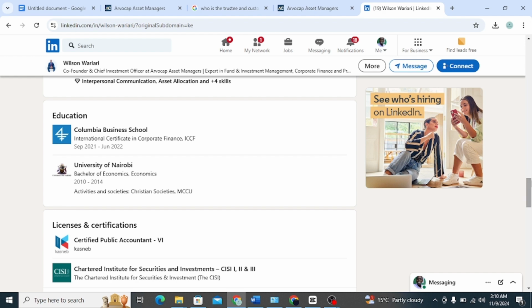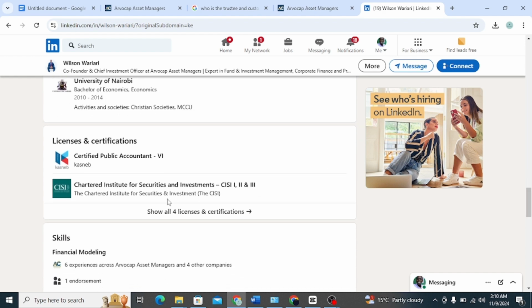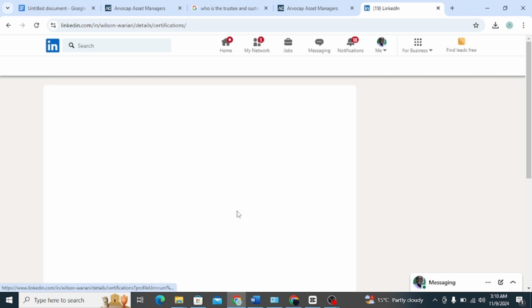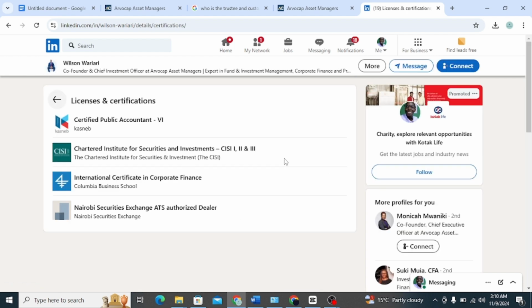You can see they have the Chartered Institute for Securities and Investment, they have CC1, 2, and 3. So this is someone that knows what they're doing. They're certified. They have the Nairobi Securities Exchange ATS authority. They have a dealer certificate. They have a certificate in international corporate finance. So this is a certified individual.